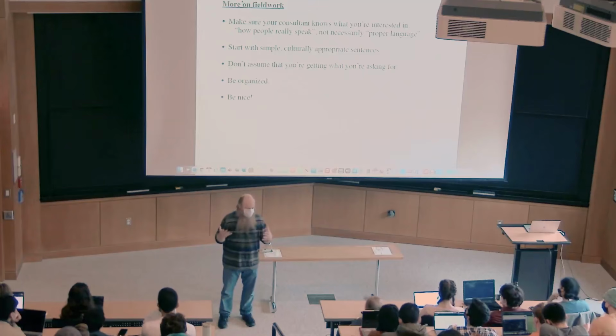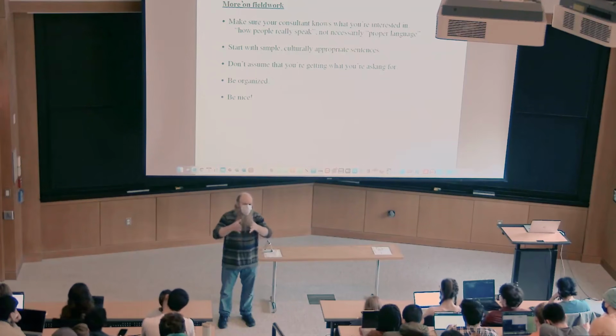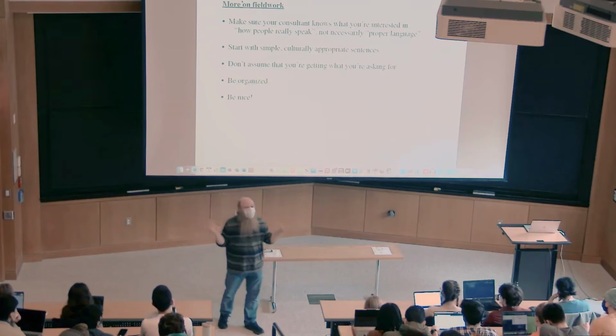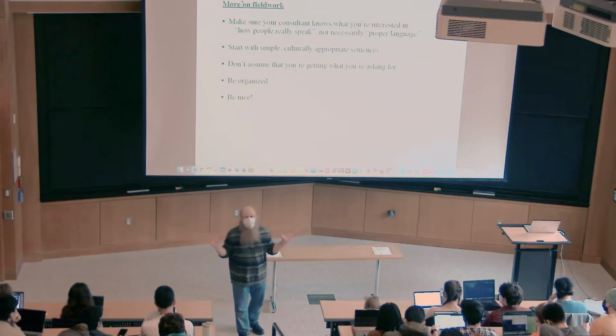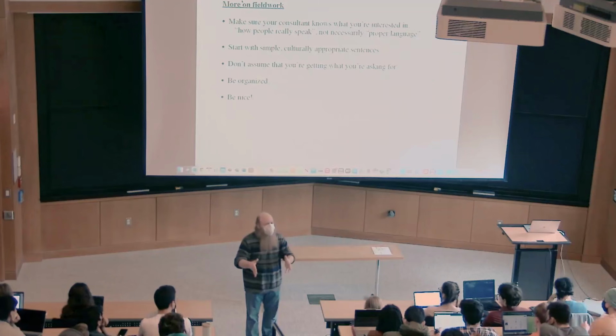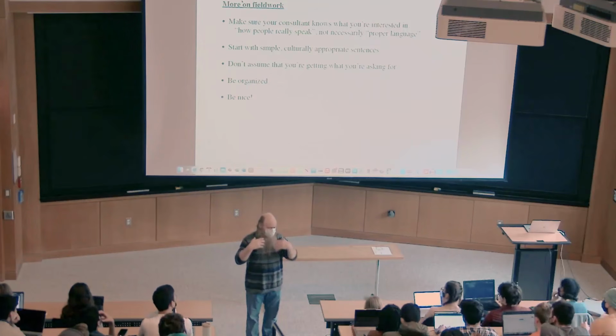So you have to make some attempt to convince a person like that their version of the language is what you're really interested in. And maybe you can tell them, I'm doing science, right? I'm not here to judge you. I'm not trying to find out whether you speak correctly or not. I'm trying to find out how you speak, right?